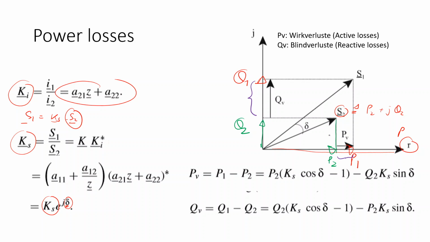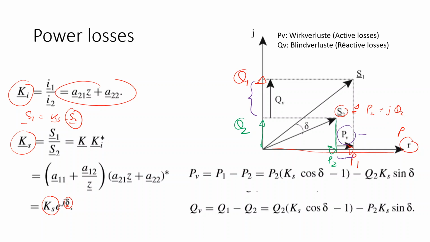These are the losses, because the power at port 1 is the source, and it is lost in the line, appearing at the load as Q2, which is less than the quantity at the source. So the difference of these two is called power loss.